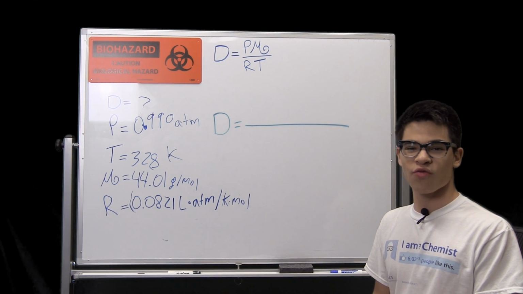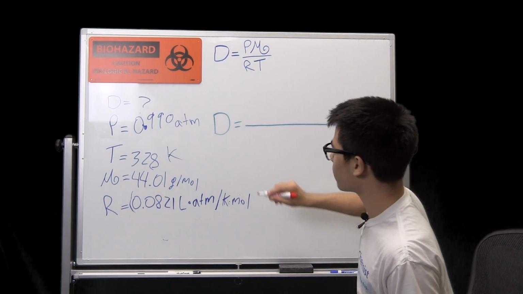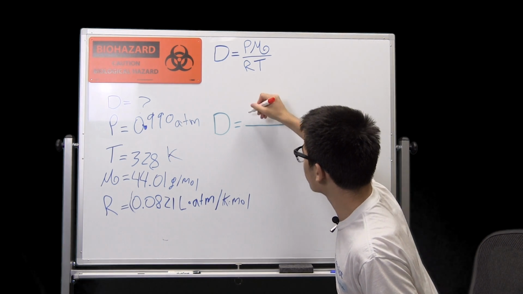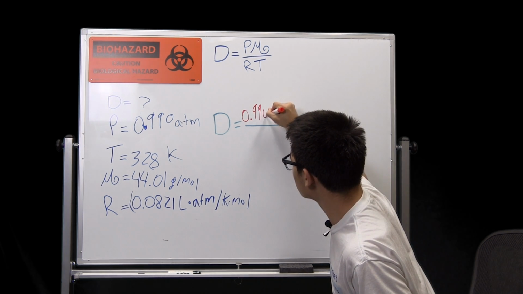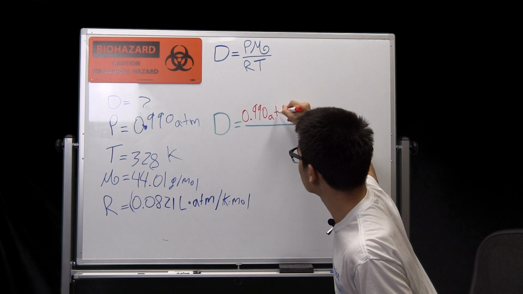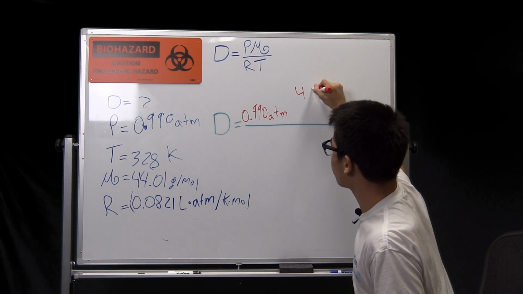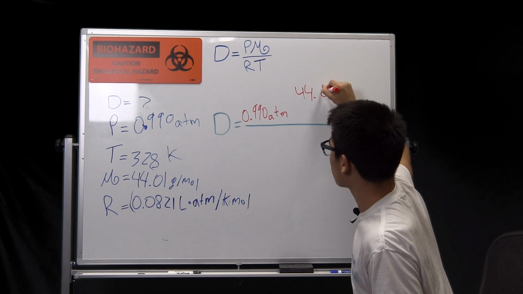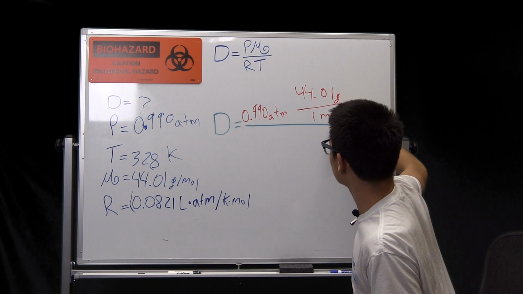Alrighty, so I've moved this around a bit so we can begin the plug and chug process. Okay, so we're going to plug in our pressure, which is 0.990 atmospheres. I'm going to plug in our molar mass, which is 44.01 grams per mole.